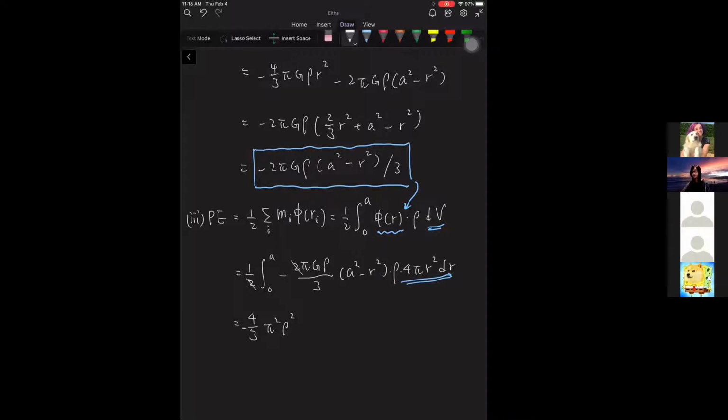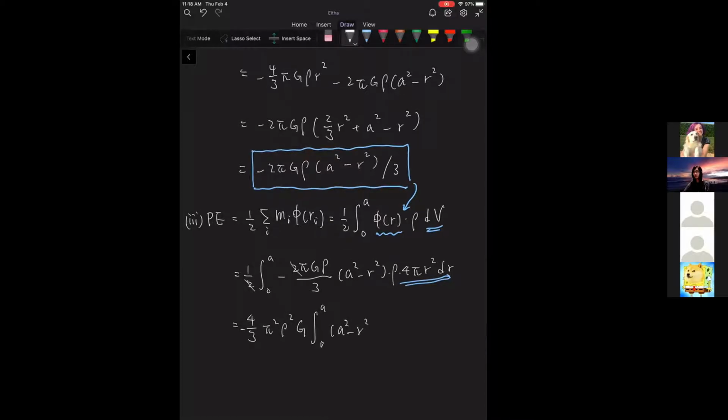Pi squared rho squared and g, we can take this out. And then inside the integral, it would be just a squared minus r squared and r squared dr, right?